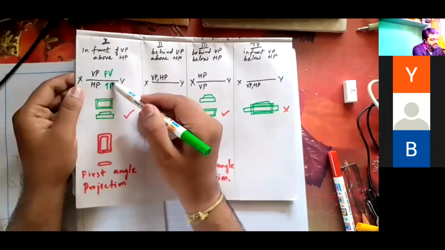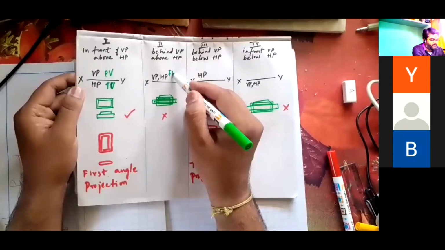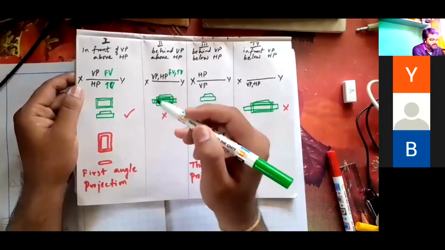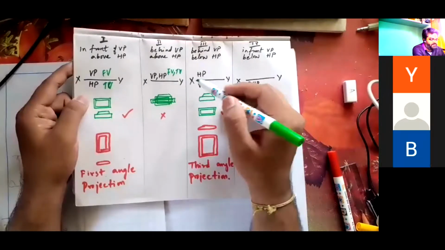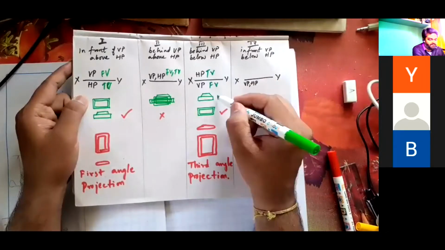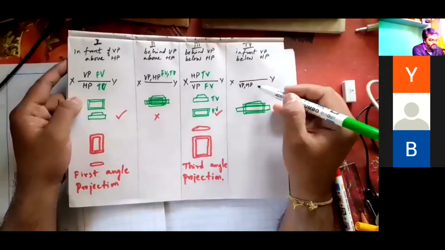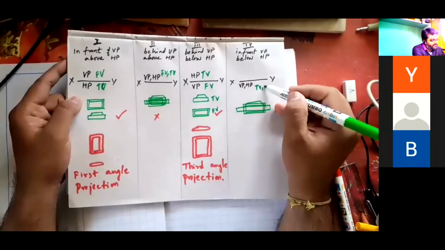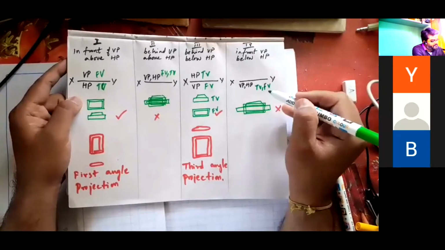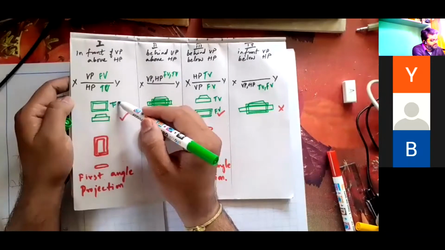Same way, front view and top view will be above the XY line. Similarly, top view will be above and front view will be below. This is the top view, this is the front view that you are seeing of an object. And here both top view and front view will lie below XY line. So this is the front view and this is the top view that you have obtained.